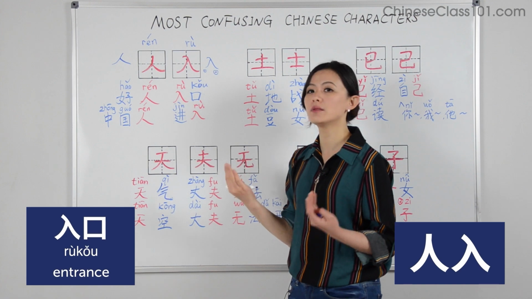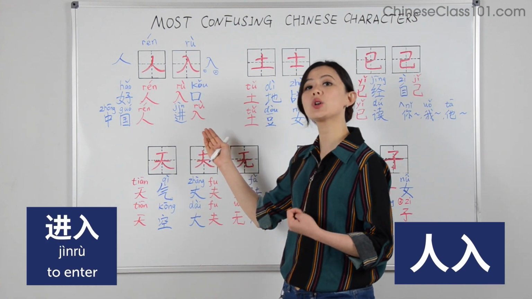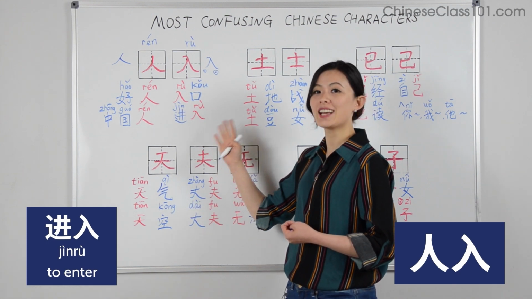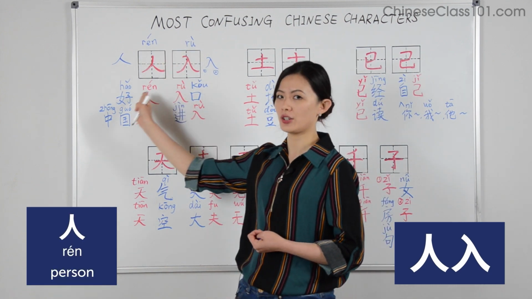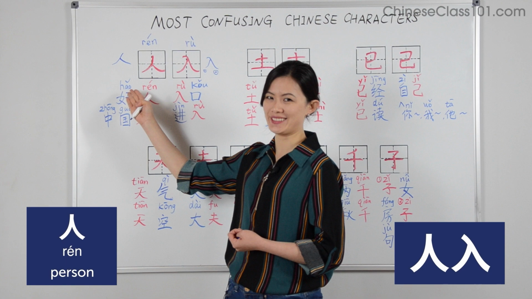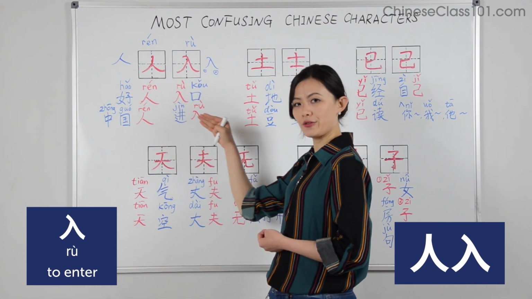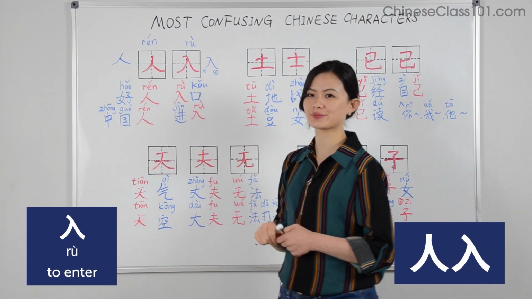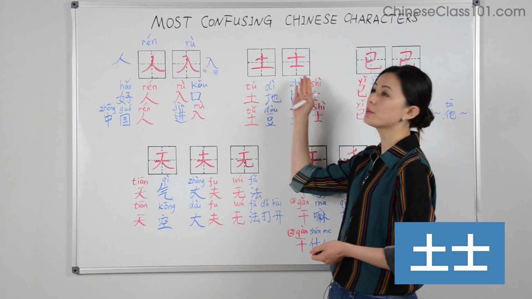And another common verb with 入 is 进入, which also means to enter. 进入. Now to recap, the one with the longer left curve means person. 人. The one with the longer right curve means to enter. 入.